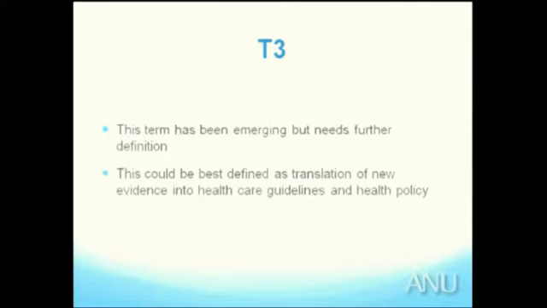T3 is a term that has been emerging but requires further definition. So people call T3 anything that's after T2: policy, guidelines, etc. And I think that it's too broad and it should be cut into two areas. So one is going from discovery to healthcare policy.